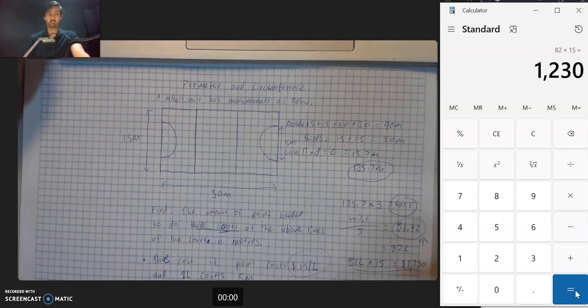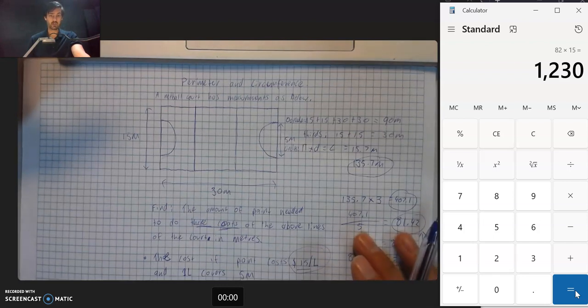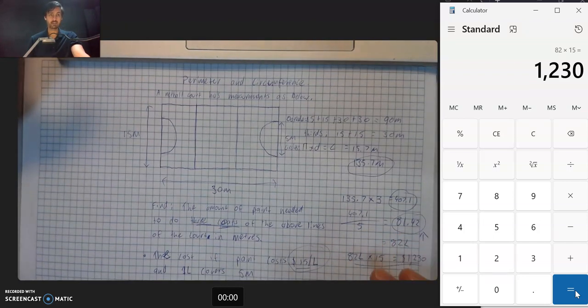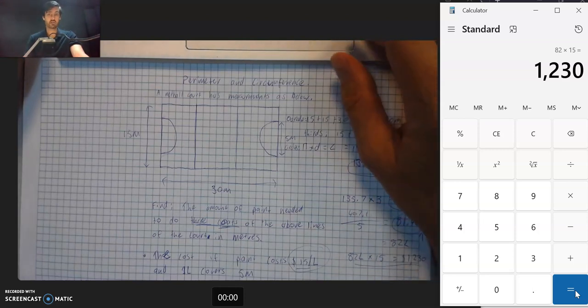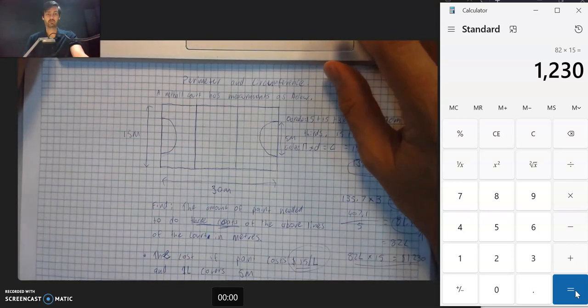We round up because we can't buy 0.42 of a can of paint, and then finally multiply by our cost per litre to get our total cost to paint those lines. Okay, it is a long question, but it incorporates a lot of the skills that we're going to use and a lot of the thinking that you're going to need in a test or exam situation, especially in general maths at stage 1 level.